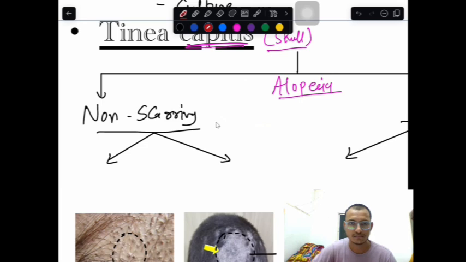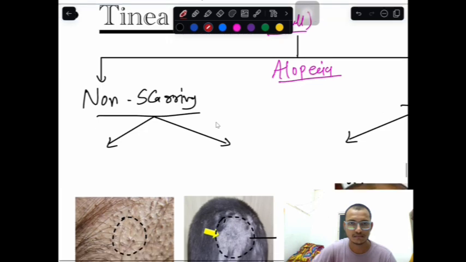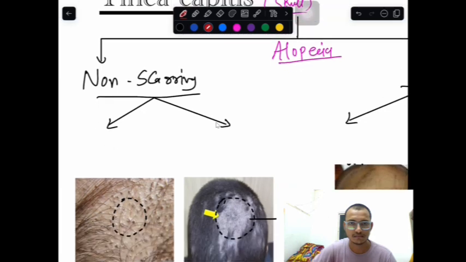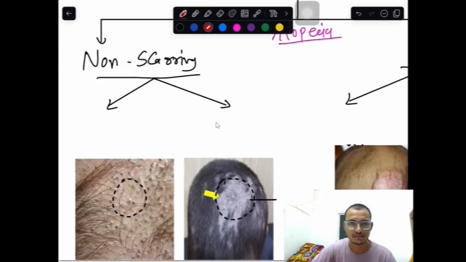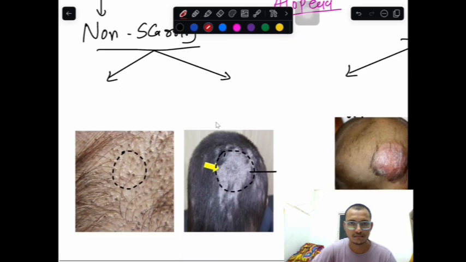There are two types of alopecia, non-scarring and scarring. The non-scarring or non-inflammatory type has two types: first ectothrix and second endothrix.